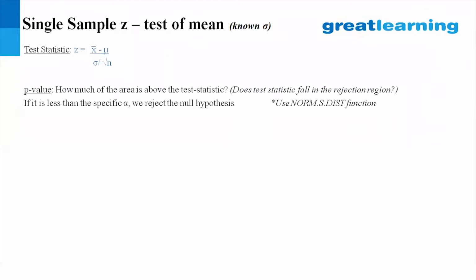Since it is lesser than the alpha that you're specifying, in that case you will reject the null hypothesis. If it comes out to be greater than 0.05, for example 0.07 or 0.1, anything greater than 0.05, in that case you fail to reject the null hypothesis.